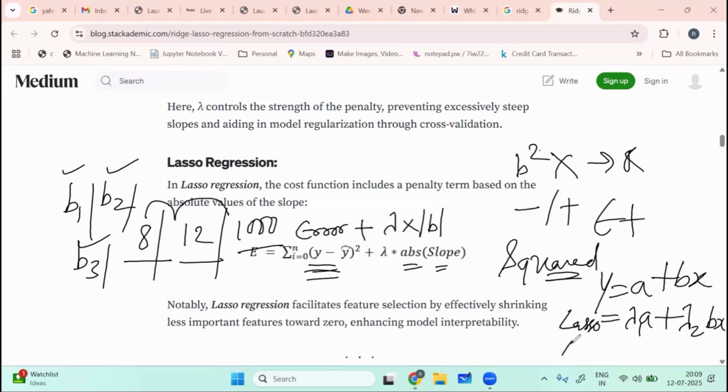If you take ridge, it's going to be lambda 1a plus, no need to get the square here. That also you can try if you get something critical. Otherwise, you can take the squared values. Here, the absolute value is taken. Here, the squared values should be taken. That's the only case. And this is how exactly you bring down overfitting issues.